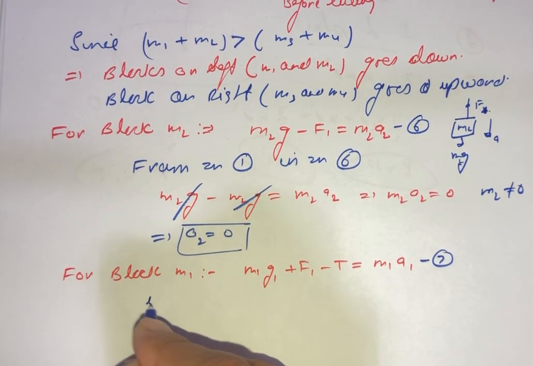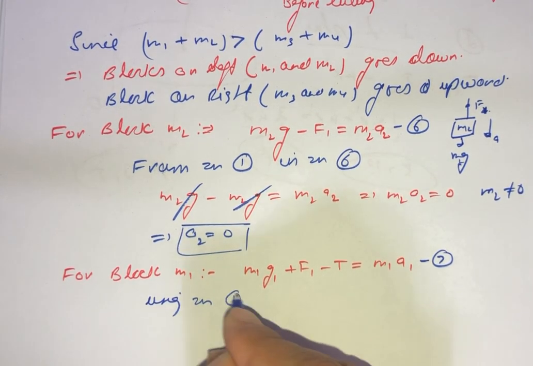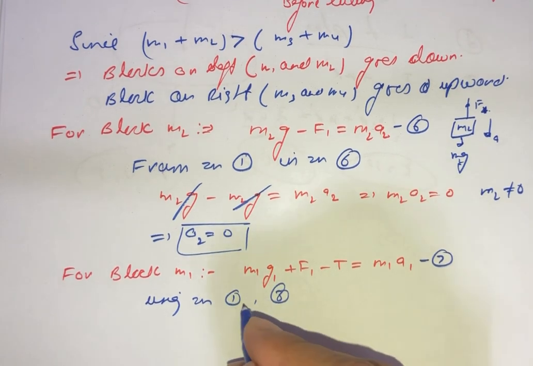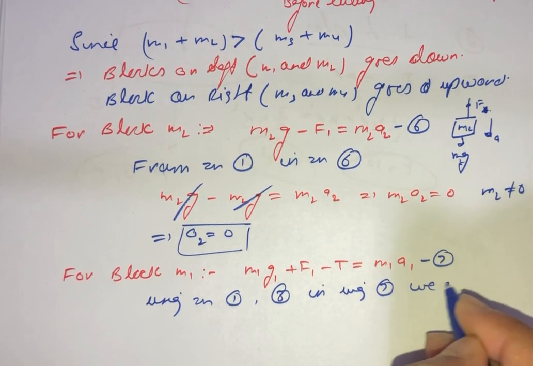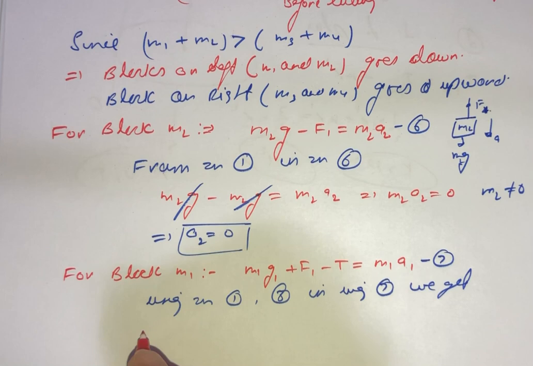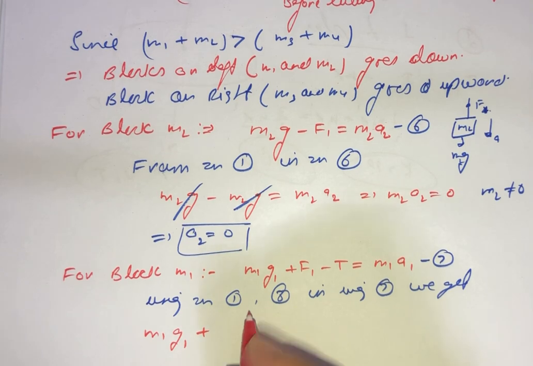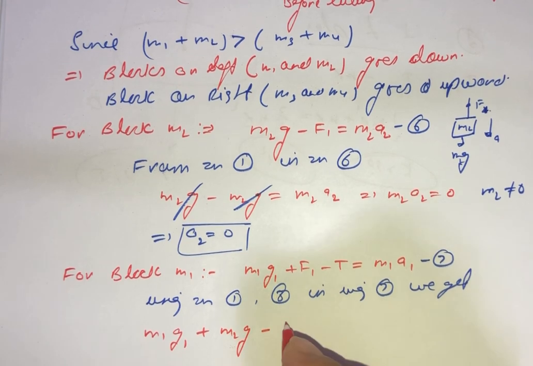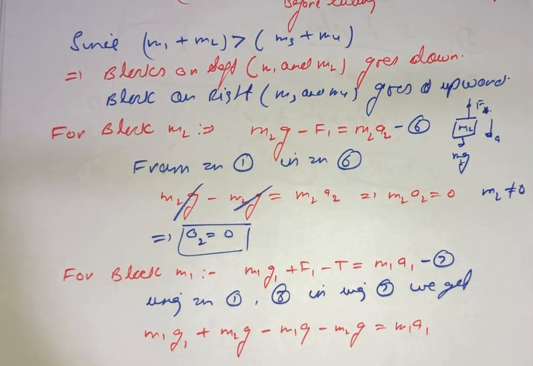Using equation 1 and equation 3, where tension is equation 3, in equation 7, we substitute the values: M1G plus F1, which is M2G, and tension, which is M1 plus M2 times G. We open the bracket, we get M1G minus M2G is equal to M1 A1.